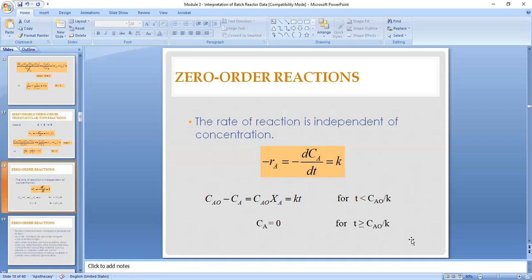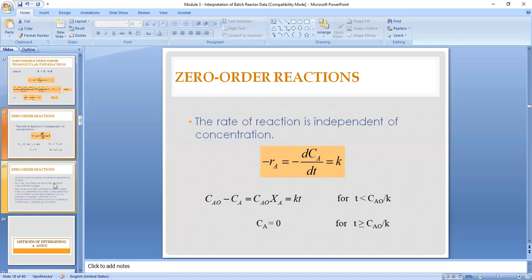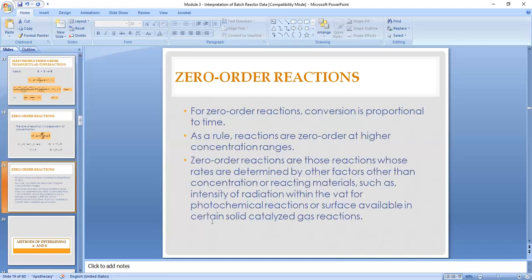But to be safe, first solve the initial concentration divided by the rate constant and compare it with the time given in the problem to determine the Ca. That way, you will not be confused why your computed concentration is negative. Okay, so this is for the zero order reaction, and these are very important things that you should know about it.